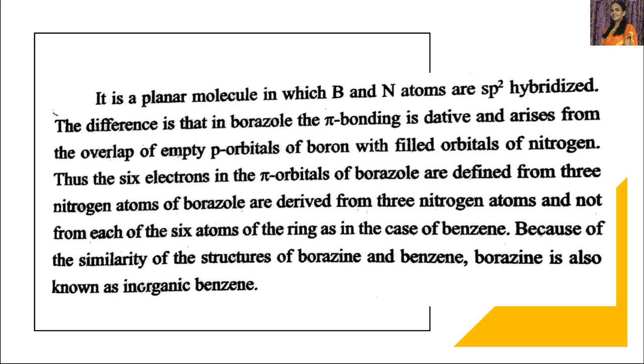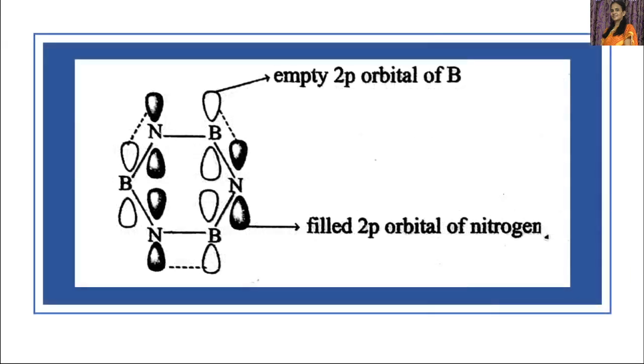In benzene, each carbon atom contributes 1 electron, whereas in B3N3H6, only the nitrogen atoms contribute 6 electrons for the formation of 3 pi bonds. Because of the similarity of the structures of borazine and benzene, borazole is also known as inorganic benzene, as we said.